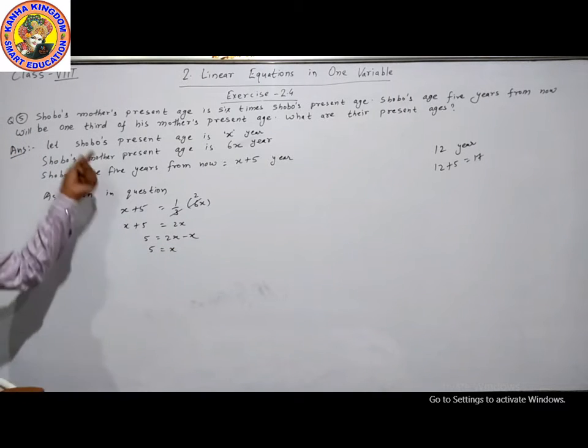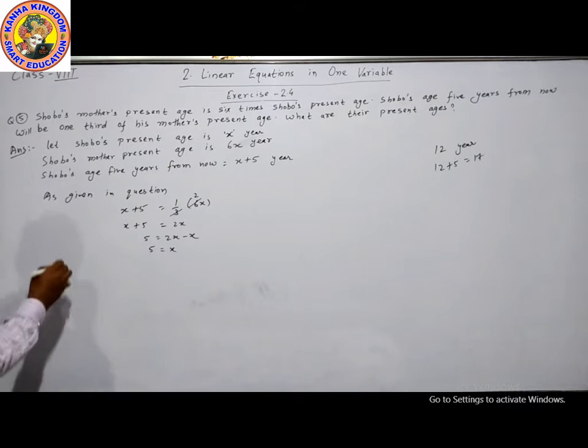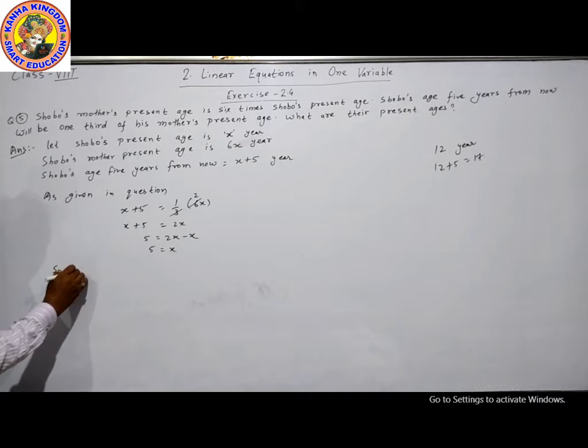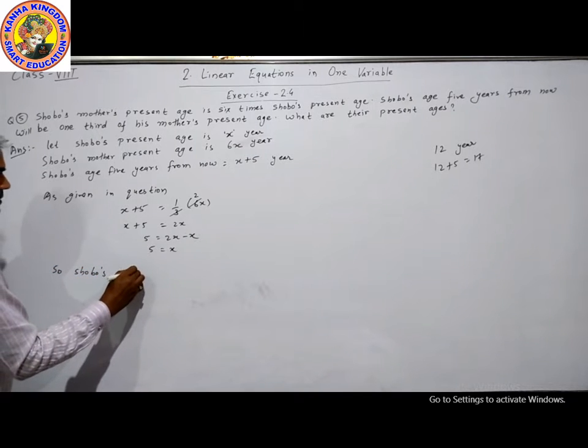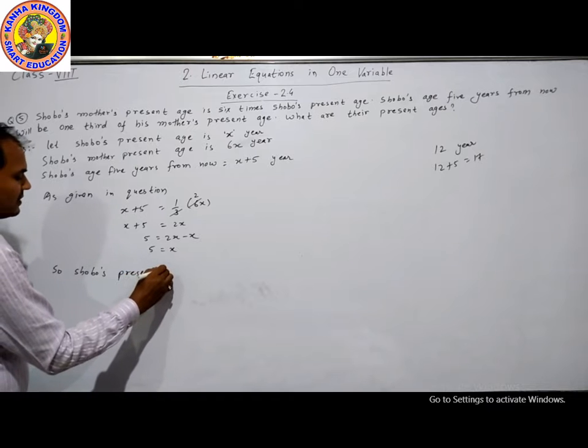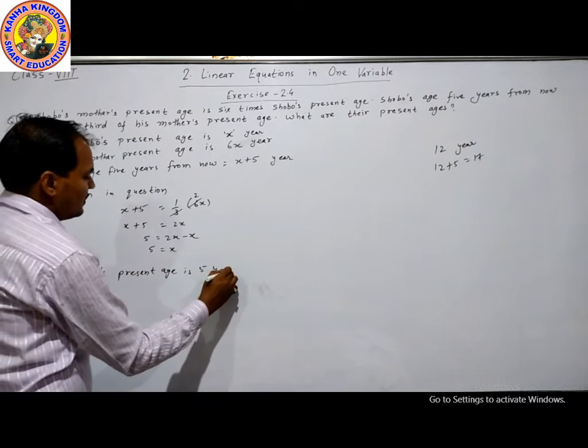So Sobo's present age is x. x is equal to 5 years. So Sobo's present age is 5 years.